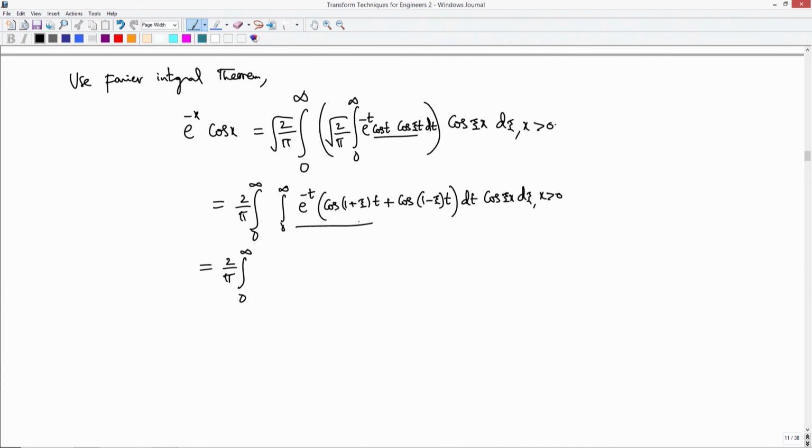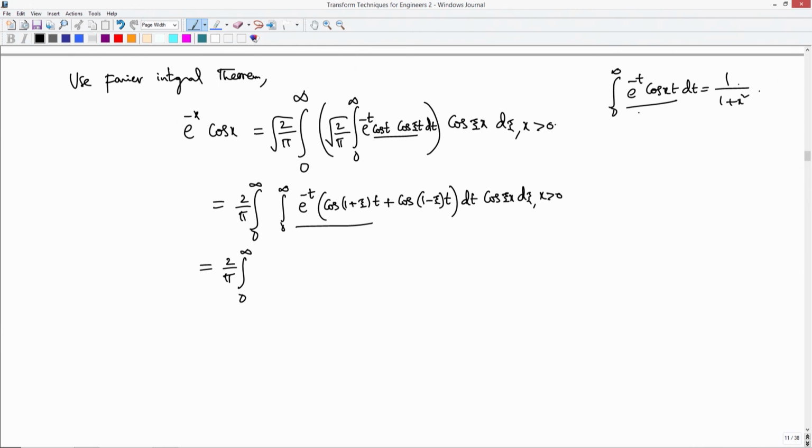So, you have 2 by pi integral 0 to infinity. Now, evaluate this integral, 0 to infinity e power minus t cos x t dt. This is actually equal to 1 by 1 plus x square. You can do the integration by parts and bring back the same integral.